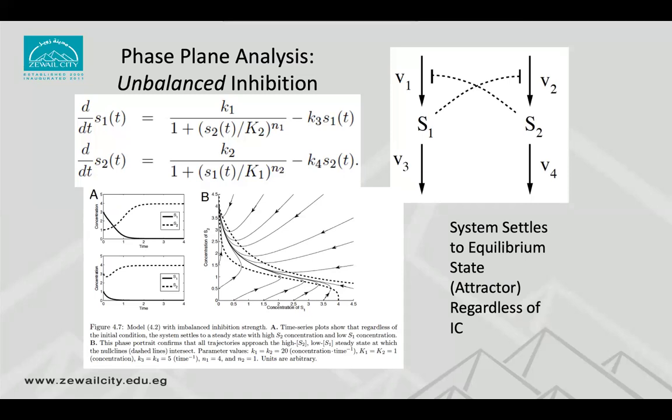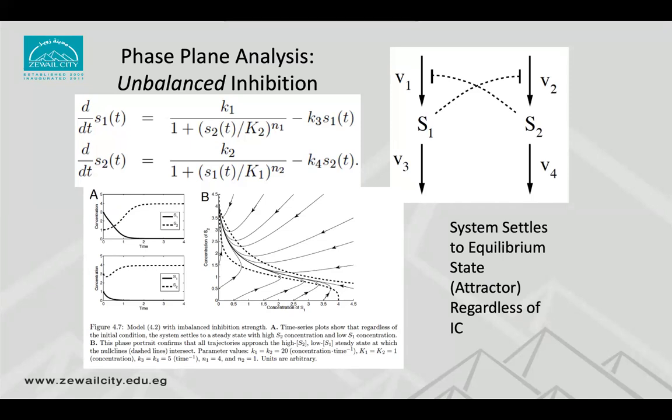But we're going to set N1 equal to 4 and N2 equal to 1. So we just have cooperativity for N1. N1 represents the inhibition of S1 by S2. So that inhibition is stronger than the inhibition of S2 by S1.